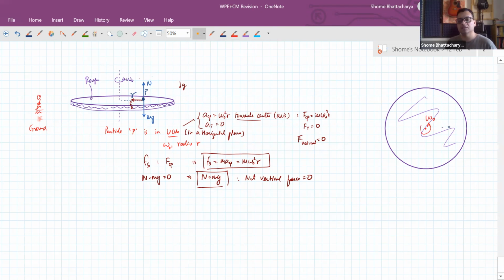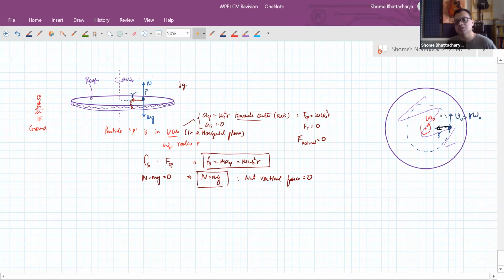Now the particle is sitting somewhere here, so it's in a circular path of radius r. It's having an instantaneous speed like this. So in this diagram, you can see that this is the static friction, is the centripetal force.